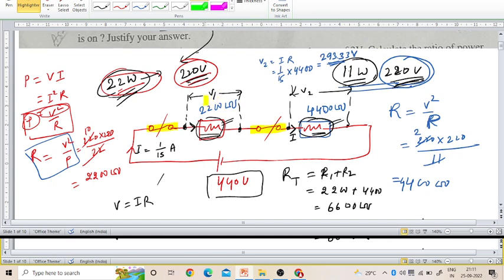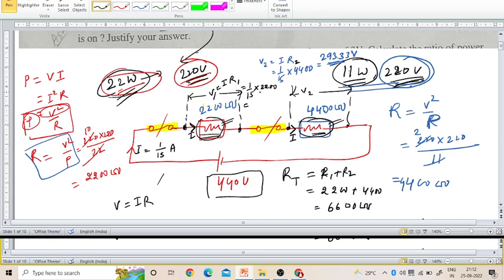Now calculate the voltage across the other one. Using V1 equals IR, where I is common for both, this will be R1: 1 by 15 into 2200. Certainly, because this resistance is half of that, the voltage will also be half.